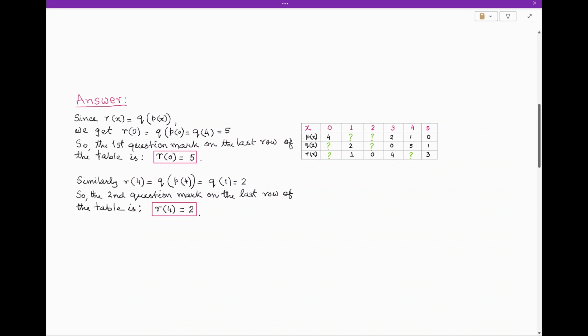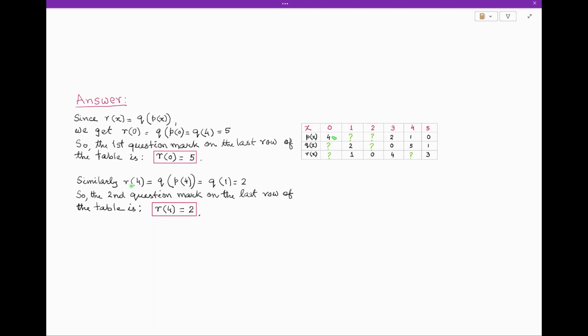Since R(x) is equal to Q(P(x)), we get R(0) = Q(P(0)). And from the table, P(0) is equal to 4. Therefore, R(0) is equal to Q(4). Again, from the table, Q(4) is 5. Therefore, R(0) is equal to 5.